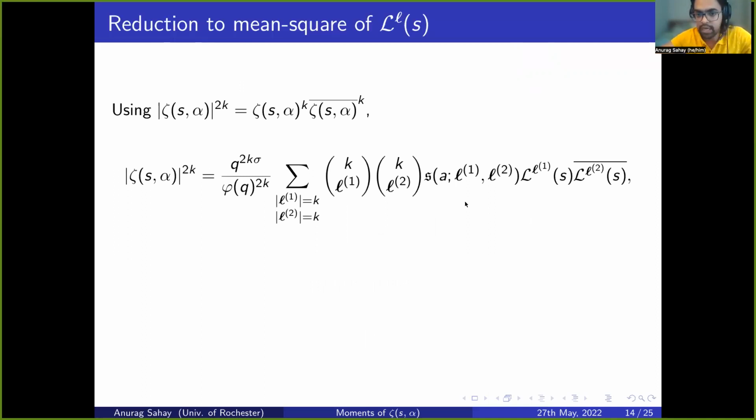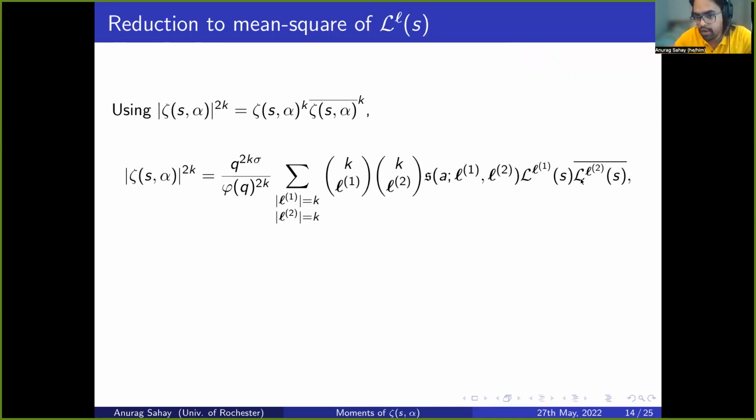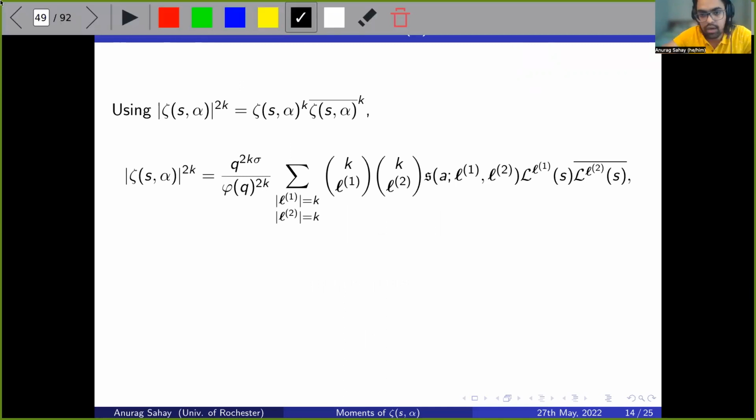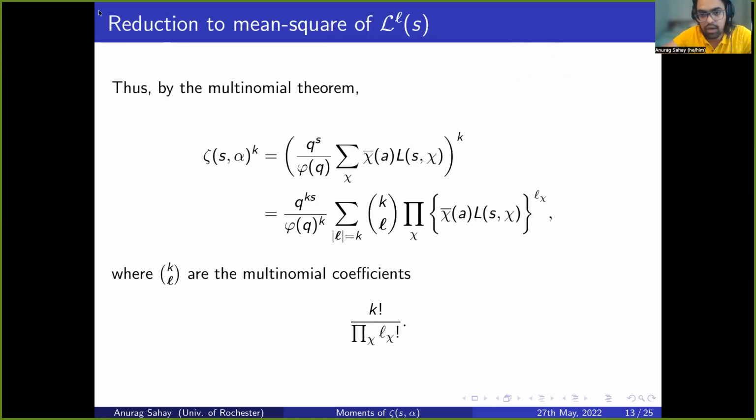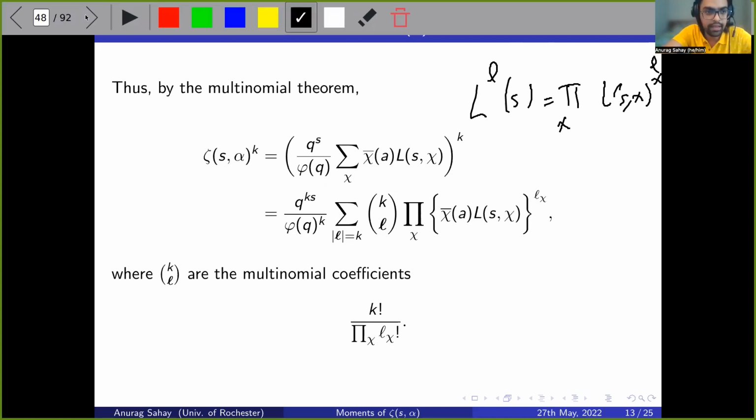This s over here is the product of these chi's. It depends only on A, L1 and L2. And the L1 and L2 that I've written over here are the products over the L functions. In other words, capital L is the product over chi of L(s, chi) raised to little l chi. It's exactly the term corresponding to bold L.